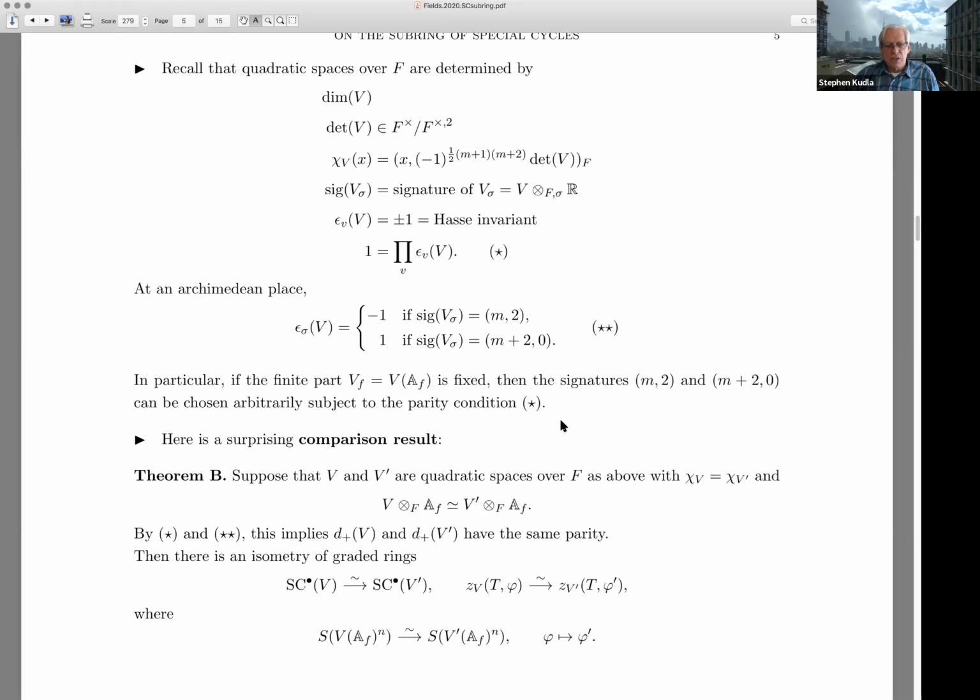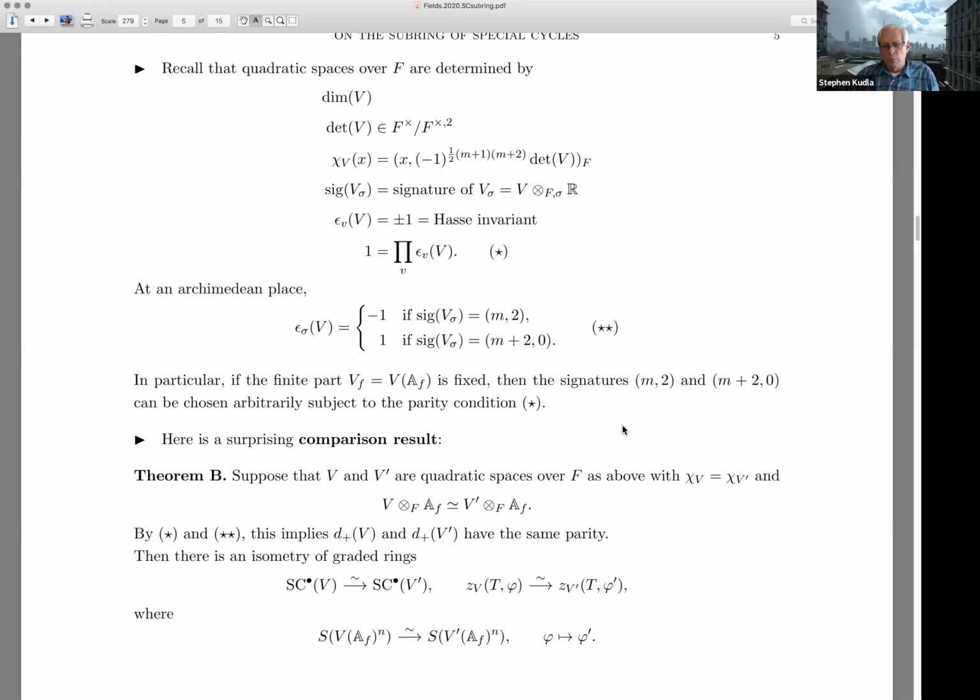So what that means is, suppose I fix the finite part of a quadratic space. In other words, I know what all the local Hasse invariants are, and I fix the dimension and chi and the local Hasse invariants at all non-Archimedean places. Then I can choose these signatures any way I want, subject simply to the product formula.